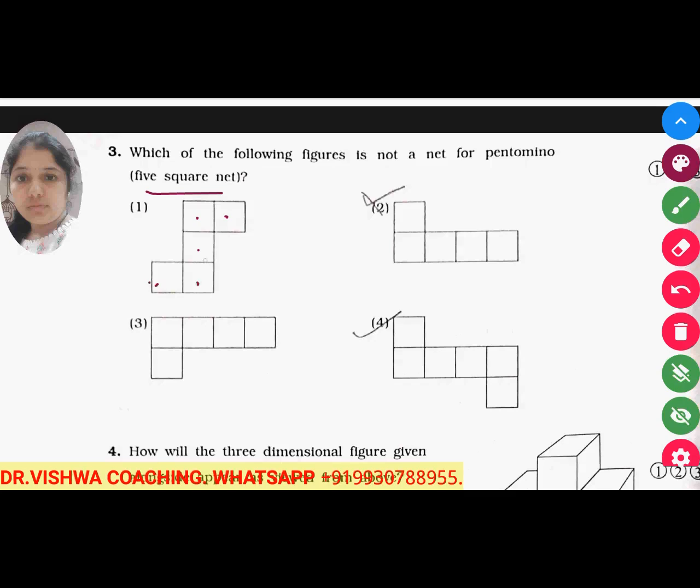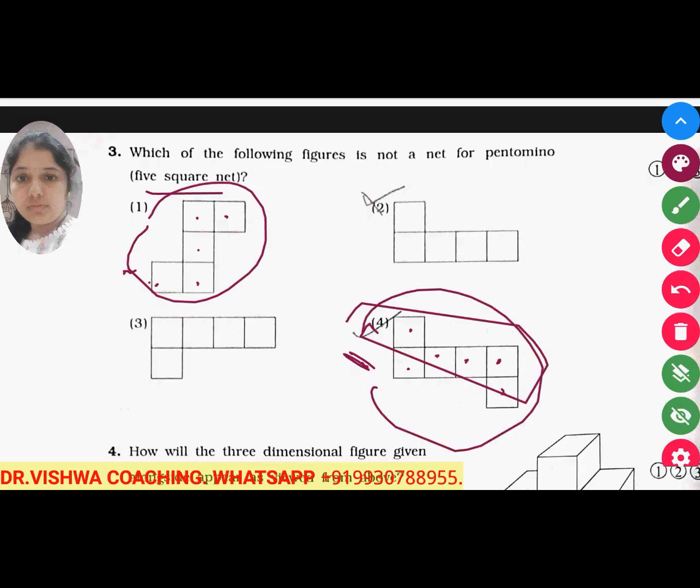But you try to fold it. If it gets converted into the square shape or square net, then only this is your answer. So like this, if you try, you can find that option number 4 is the correct figure which cannot form a pentomino, because it has 1 2 3 4 5 and 6 surfaces.